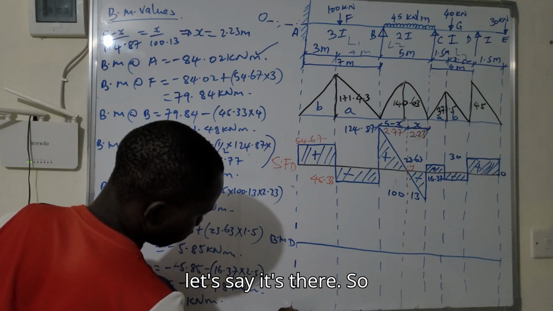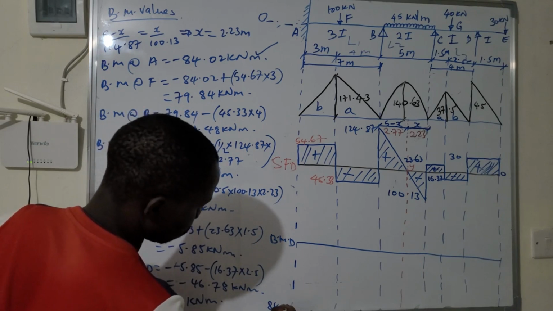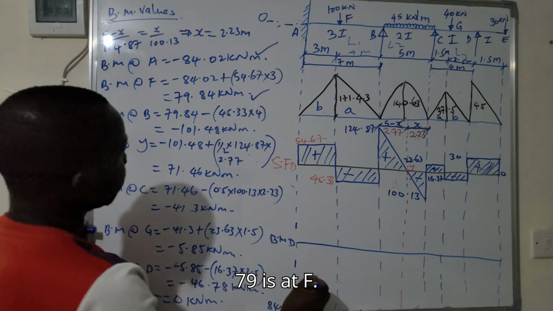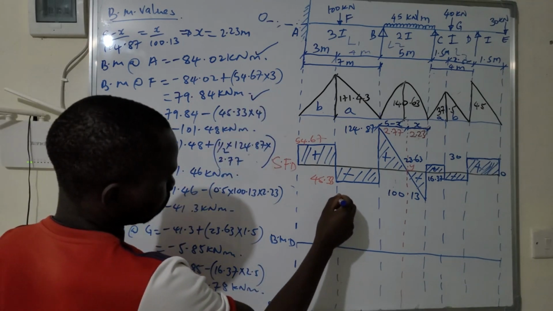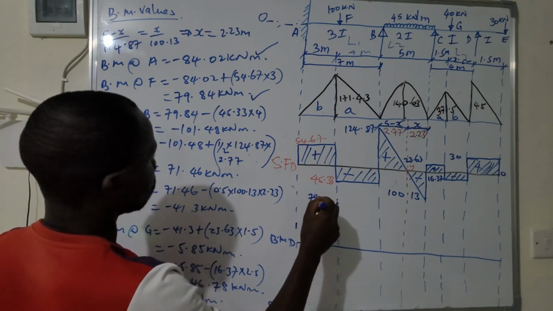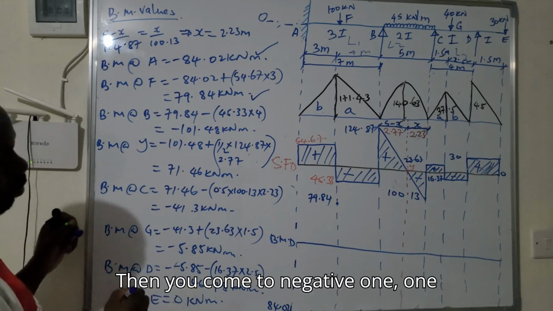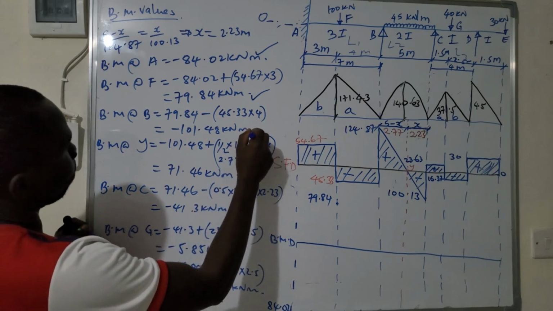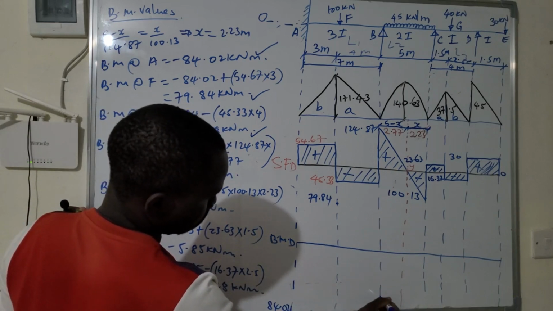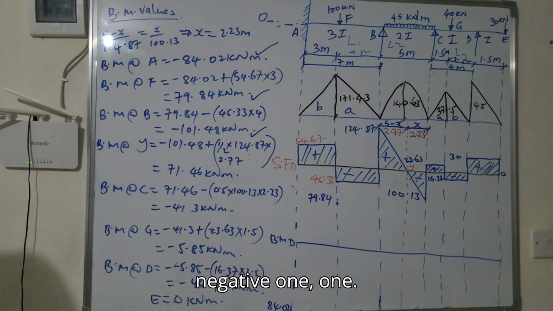So let's say it's there. 84.02. Then we come to 79. 79 is at F. 79.84. And then you come to negative 1 at B. Negative 1.